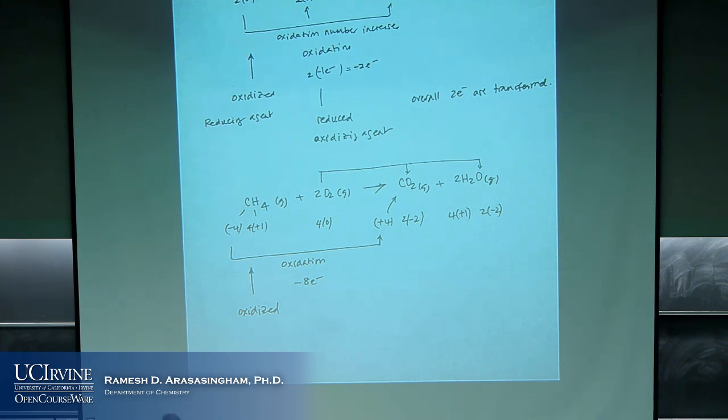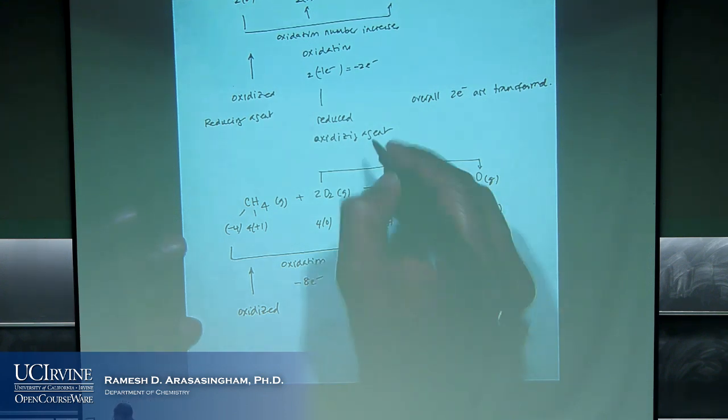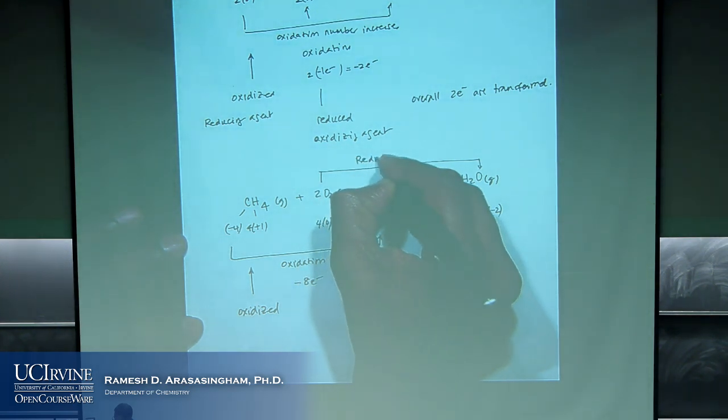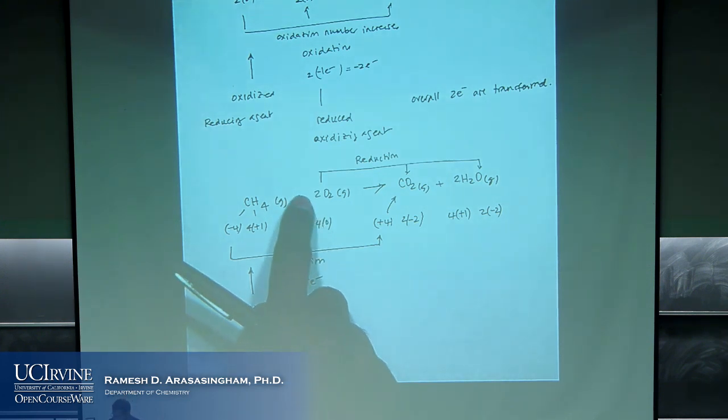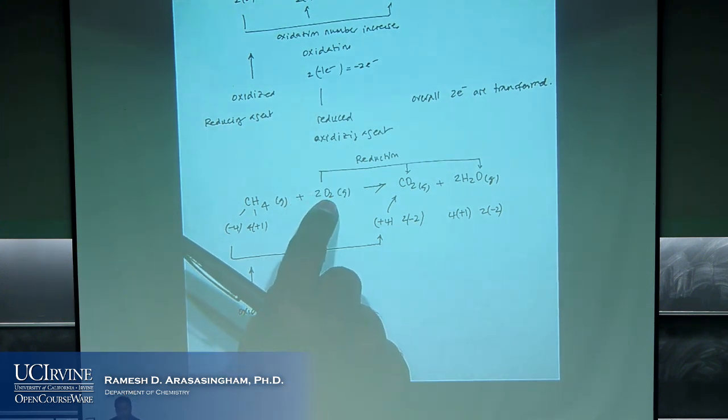Okay? Now let's go to the oxygen side. It goes from 0 to -2. Does the oxidation number increase or decrease? It decreases. Remember, if the oxidation number decreases, we call that process reduction. Okay? Now let's look at how many oxygen atoms there are. There is 2 times 2, 4 oxygen atoms.